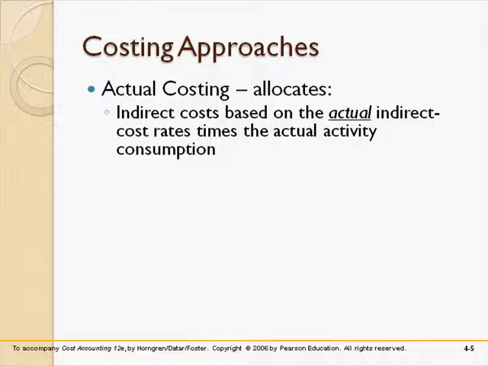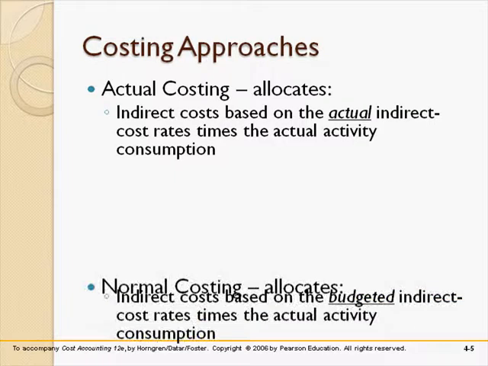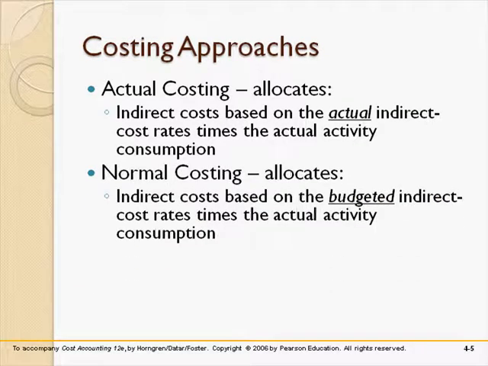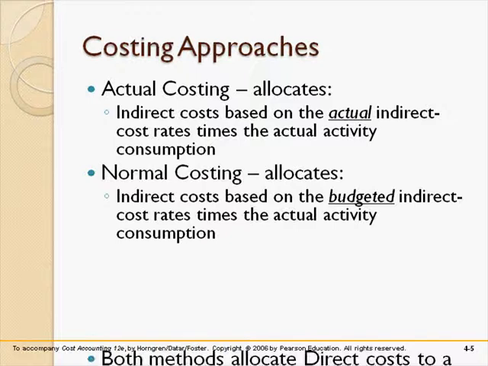We're waiting till we know the costs, and then we allocate the actual cost based on actual activities that were consumed. Okay, normal costing is a little bit different. We allocate indirect cost based on a budgeted or predetermined or forecast indirect cost rate times the actual activity consumed. All of those terms can be used interchangeably.